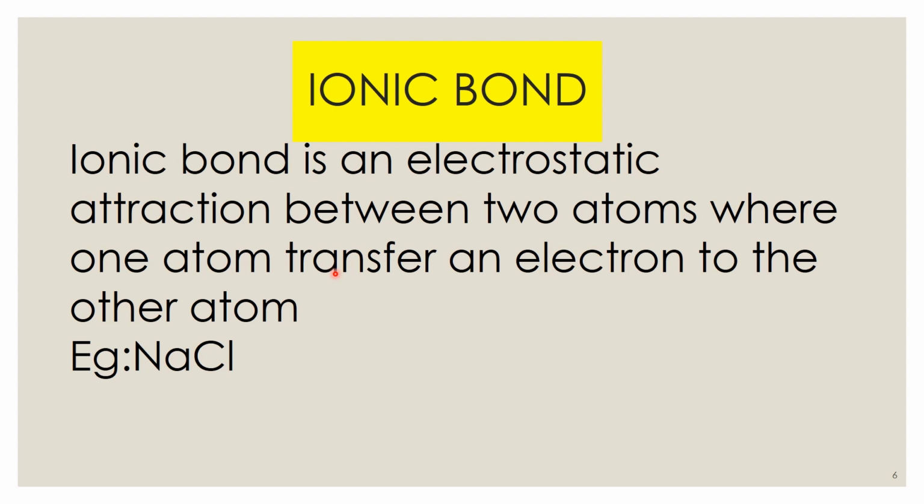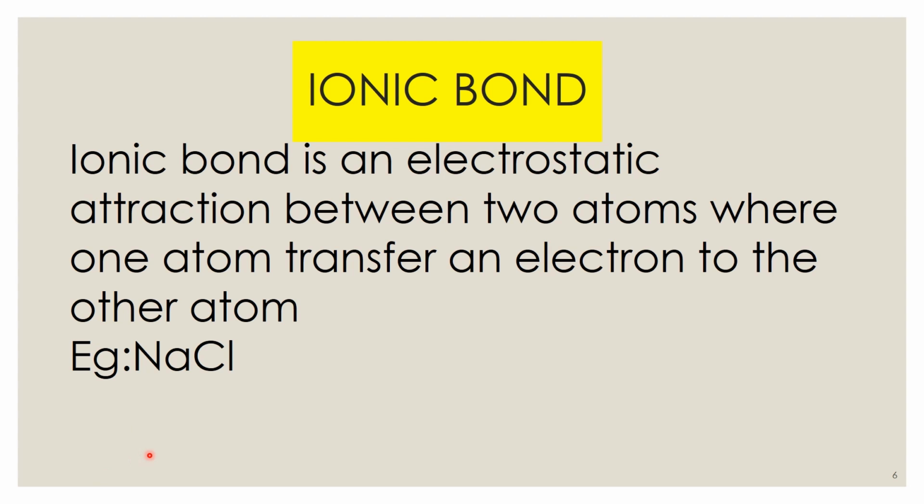Therefore, when sodium and chlorine approach each other, 1 electron transfers from sodium to chlorine, and sodium gets partially positive charge and chlorine gets partially negative charge. There is an attraction between 2 opposite charges. This electrostatic attraction force is called ionic bond.